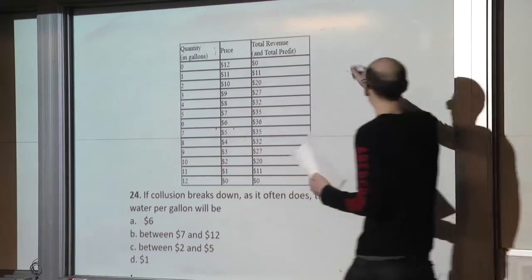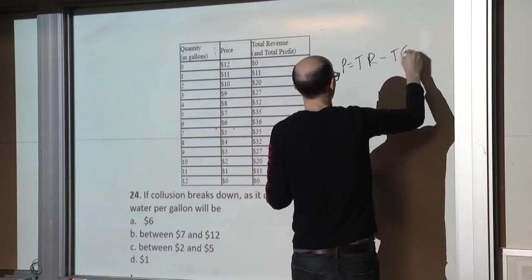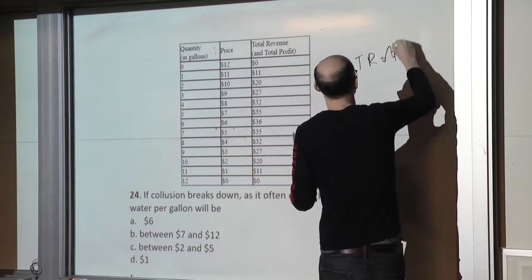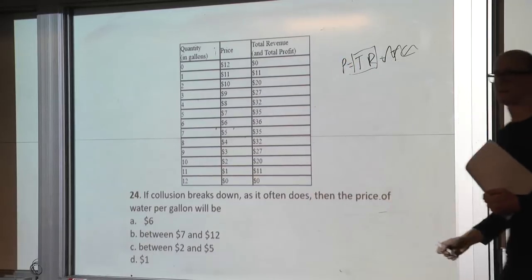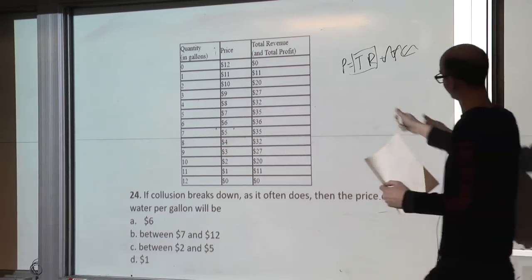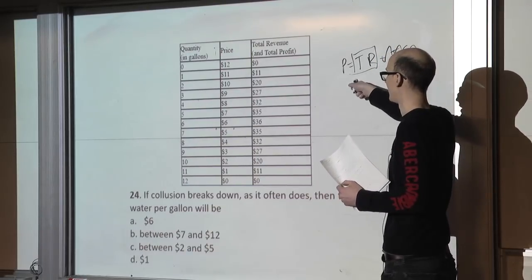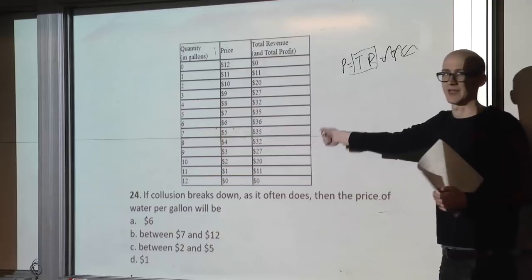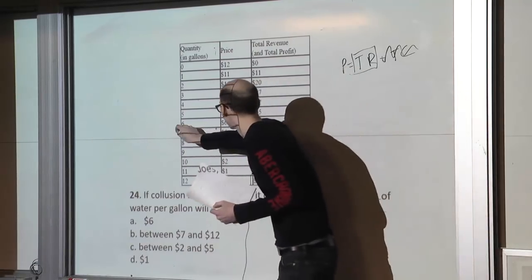So if profit equals total revenue minus total cost, but there's no cost, then profit just equals total revenue, right? So what do we know about a cartel, right? They're going to act like a monopoly and maximize profits, okay? And so if total revenue equals profit, then what would the cartel produce at? It's going to produce here, right?